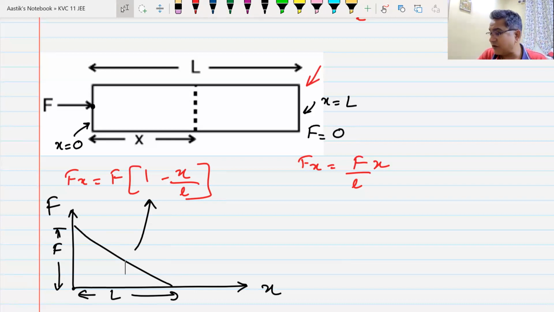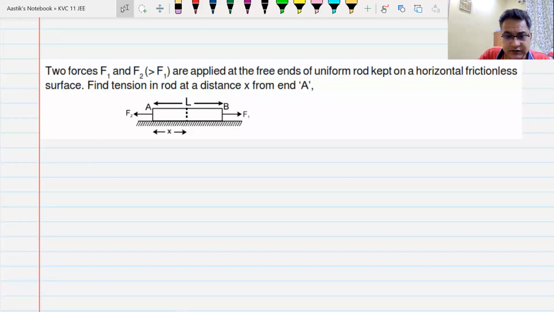Anyone has understood this? How I have written this? Can you give the answer for this one?